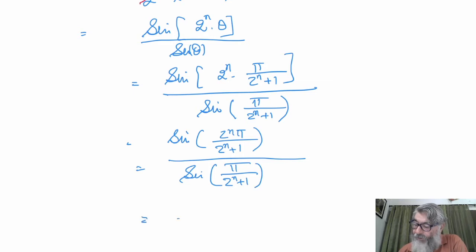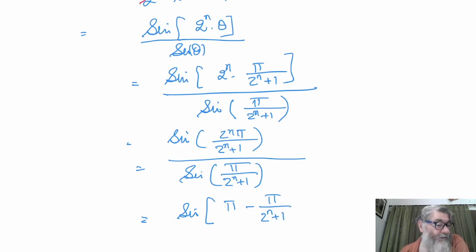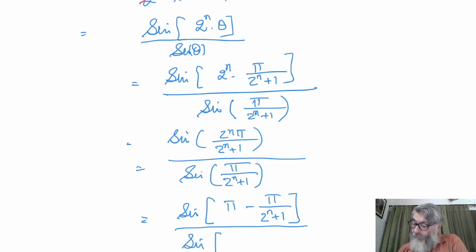It will actually become sine of pi minus pi upon 2n plus 1. If you solve this, you will get 2n pi upon 2n plus 1.